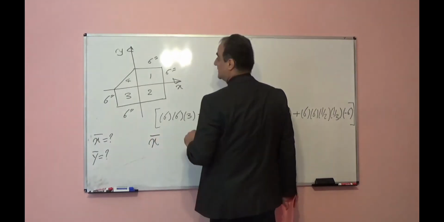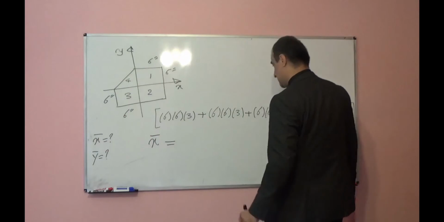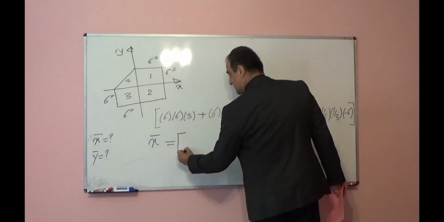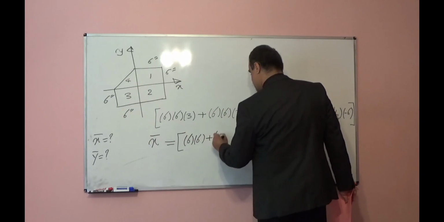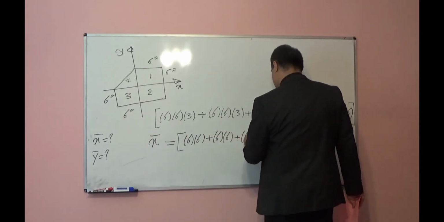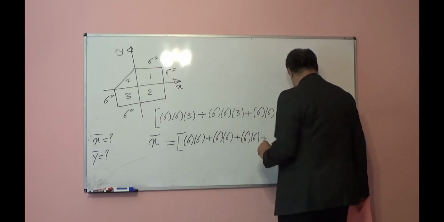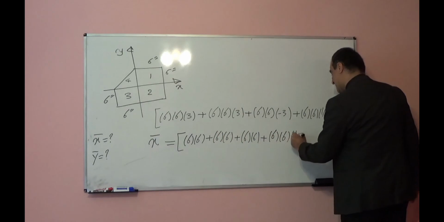x bar is equal to summation of area. Summation of area will be 6 times 6 plus 6 times 6 plus 6 times 6 plus 6 times 6 times half.